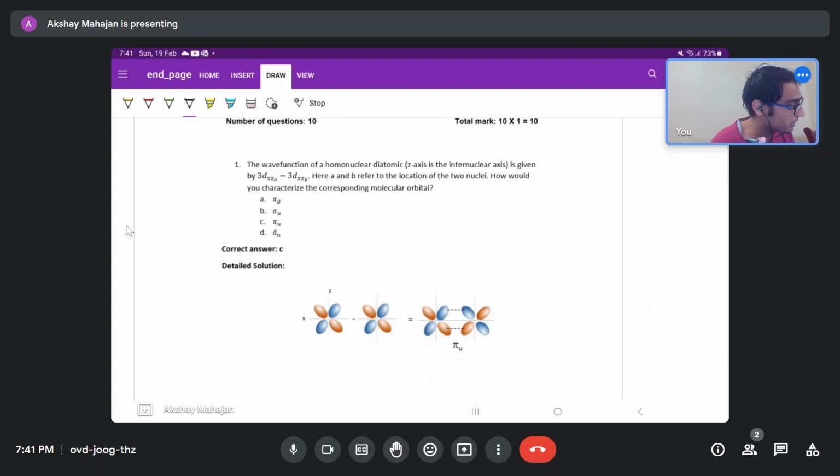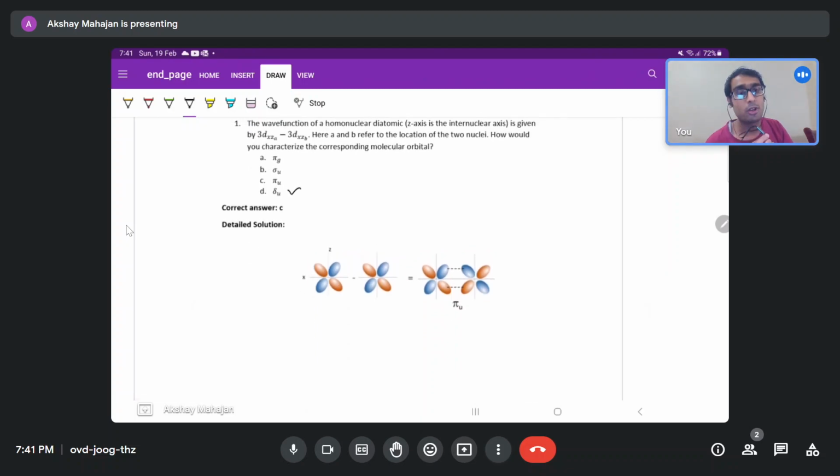The answer could not be sigma or delta orbitals, so they will give you a pi orbital. Since we are combining both the xz orbitals, the corresponding molecular orbital will be a bonding orbital, because the lowest energy orbital will be a bonding orbital, and in the pi case the bonding orbital is pi u. That's why the answer is C.